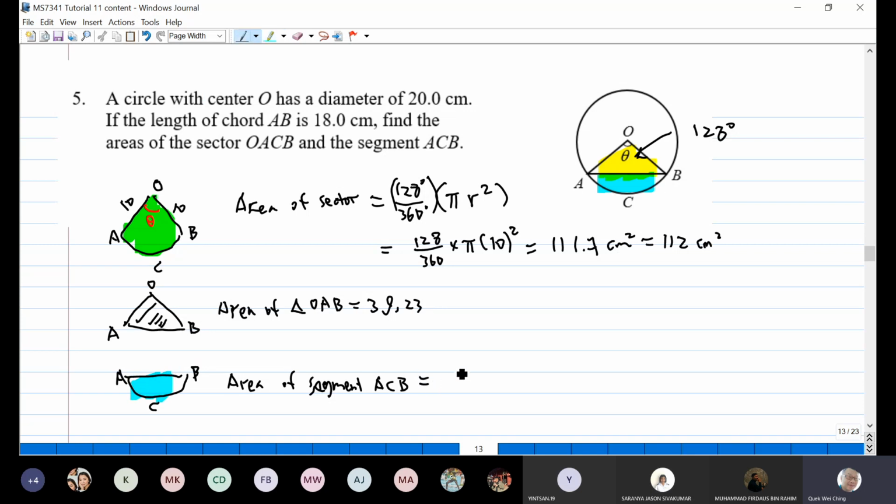You should take the area of sector, which is 112, minus 39.23. Okay, that will give you 72.77, so it's about 73. Okay, 73 cm square.